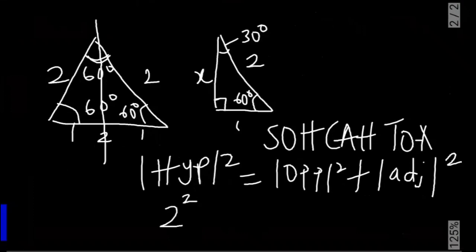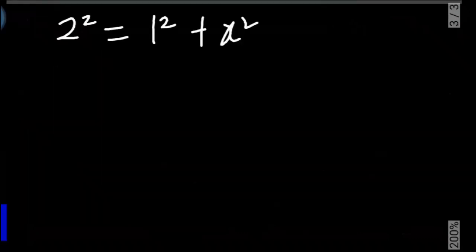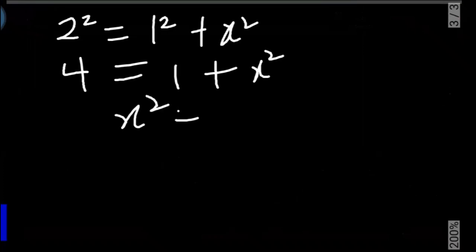So 2 squared is equal to 1 squared plus our missing side, x squared. 2 squared is 4, and 1 squared is 1, so x squared is equal to 4 minus 1, then x squared is equal to 3.